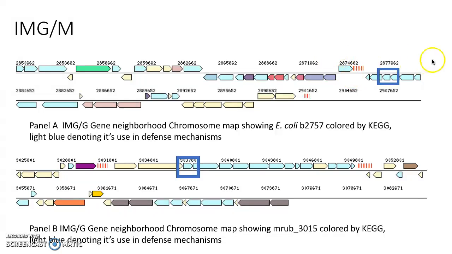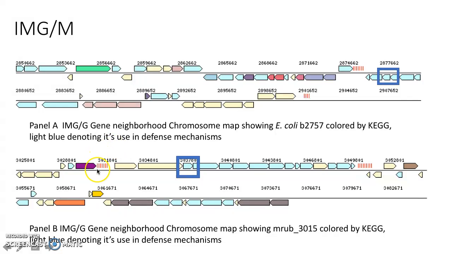This was colored by KEGG, so it's all part of the same pathway. So our CRISPR right here is our CRISPR array. This is our Cas3 gene, and our gene of interest, b2757 or Cas-D, is shown in the box.